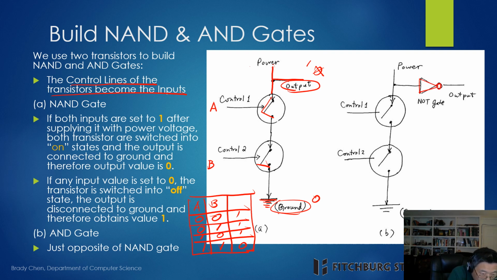This will generate the opposite output values for the AND gate than the NAND gate. So to build an AND gate, we need 3 transistors. The additional transistor is used to build the NOT gate. Remember, we just talked about how to build a NOT gate using 1 transistor.